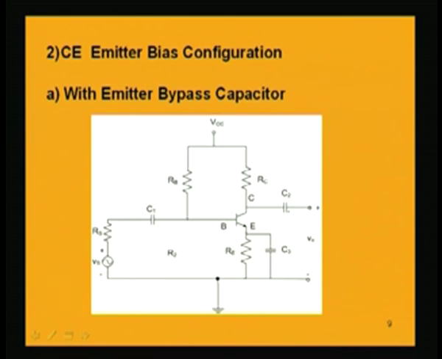So, the emitter resistance Re will be bypassed by the emitter current. It is nothing but the same circuit which we just now analyzed, because the emitter is bypassed, it will be directed to the ground, not through the resistance in the emitter Re, but it will have a short circuit path, and the others are exactly the same.